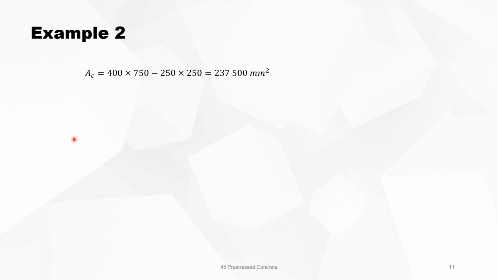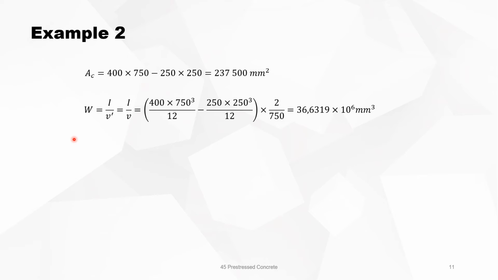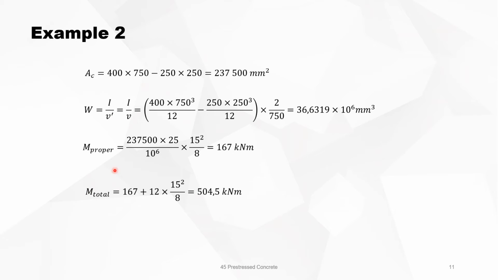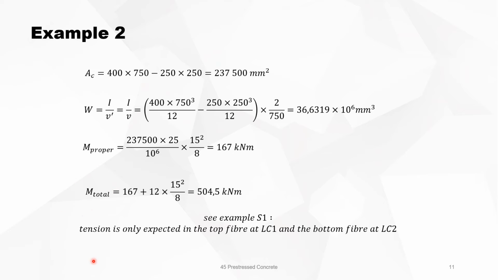We have the area of the cross-section of the concrete. We have the W, the bending moment under proper weight, and the total bending moment. And we have seen from example 1, that's why we have done this example, that tension is only expected in the top fiber at load case 1 and the bottom fiber at load case 2.